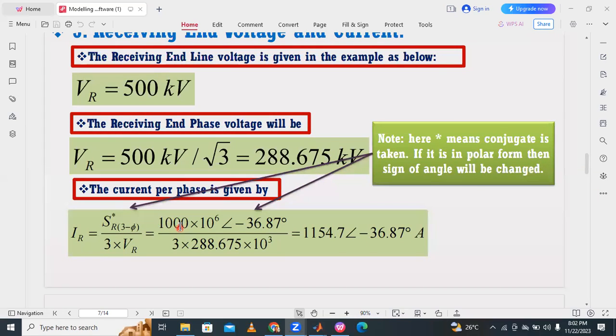Here S is equal to 1000 MVA at an angle of 36.87, so the conjugate is minus 36.87, divided by 3 into VR. VR is equal to 288.675 into 10 to the power 3. That gives the receiving end current per phase equal to 1154.7 at an angle of minus 36.87. This is the per phase receiving end voltage and receiving end current.